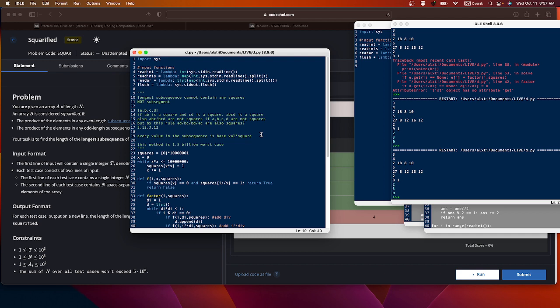I mean, calculating squares is okay. We figured we definitely have the correct idea.